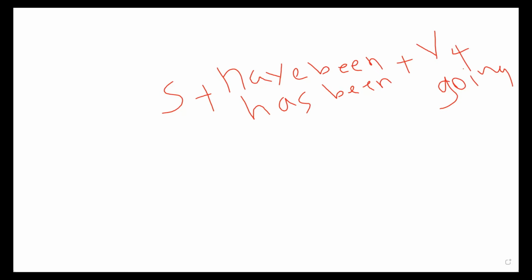For how many years? 10 years. Okay, you have been living for 10 years. Where do you live? In Trincomalee, right? Yeah, sir. Okay, so you can say that I have been living here for 10 years in Trincomalee.